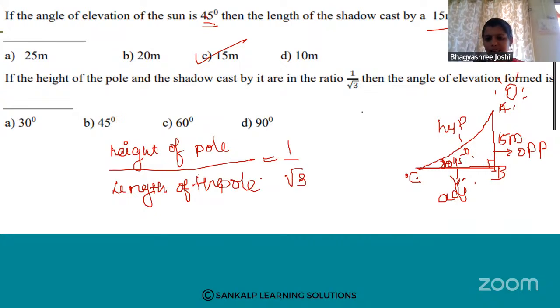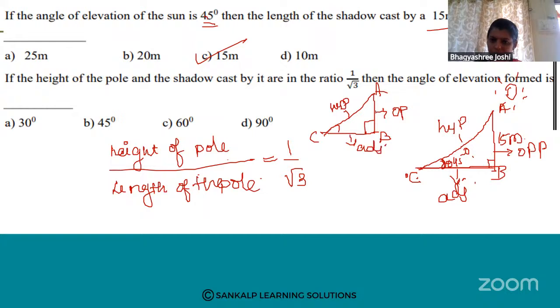See, if you consider this is the pole and here it makes a shadow, the pole is A, B, C. Here it makes an angle theta and this is 90 degree. So this is opposite, this is hypotenuse and this is adjacent side.